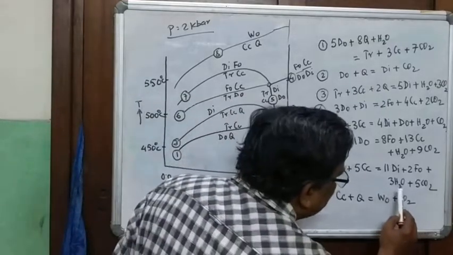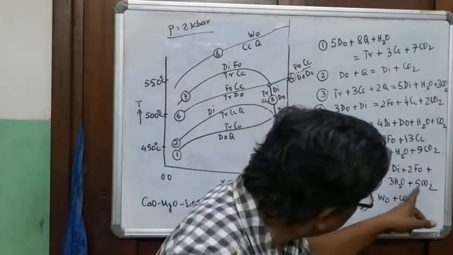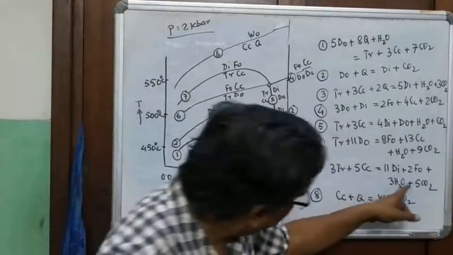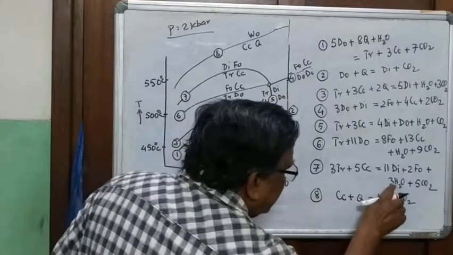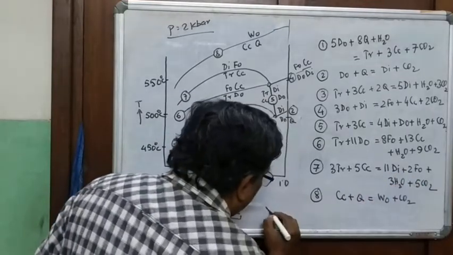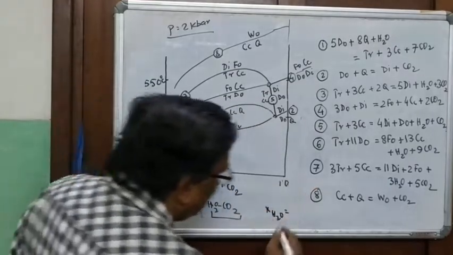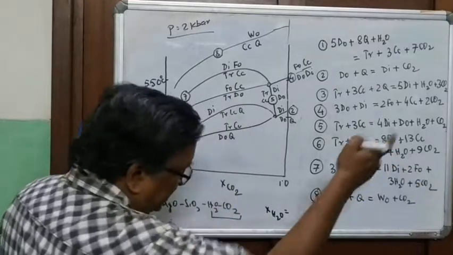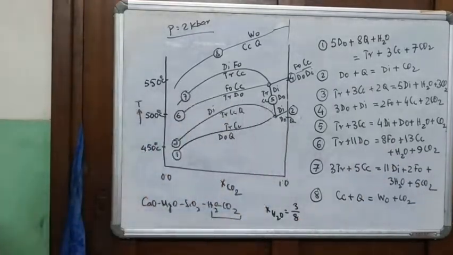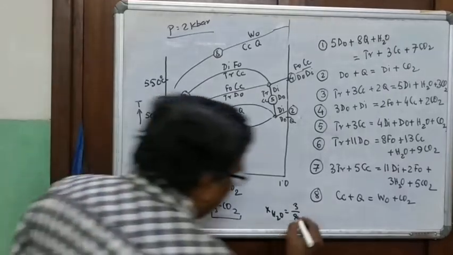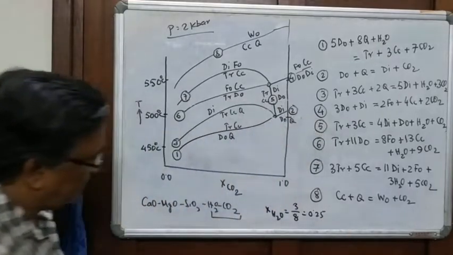But if you look at this reaction, 3H2O plus 5CO2, that means XH2O of the fluid will be equal to 3 divided by 3 plus 5. So this will be roughly about 0.25 or something like that.